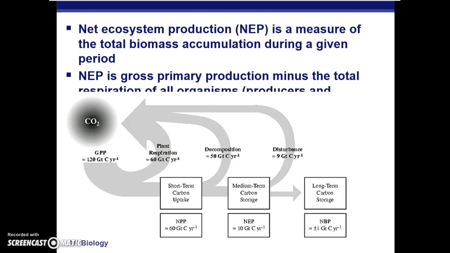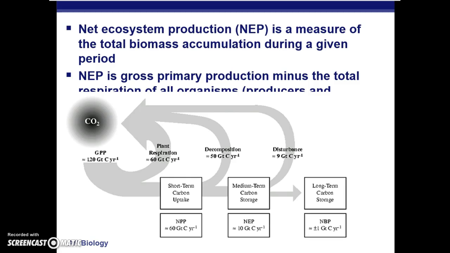And then we have the heterotrophs who are eating the autotrophs, and they are actually going through respiration as well. And also, as they go through decomposition of litter, their waste products, and things into the soil, that process is also releasing carbon dioxide to the atmosphere.